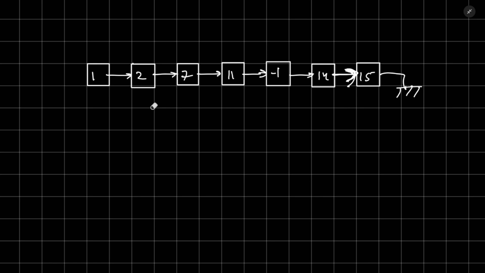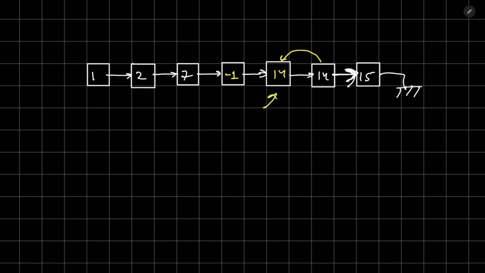How can we do that? Let's say we have to delete 11. From this node you can access the node ahead of it and copy its value into this node. So it would become -1. Now you can copy this 14 also here and move ahead.